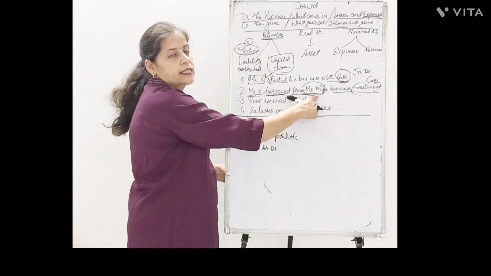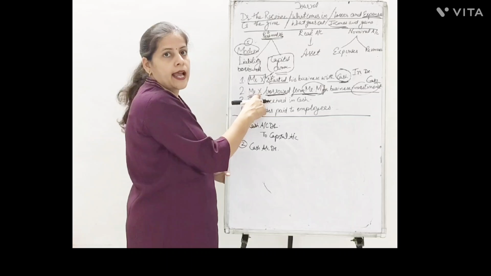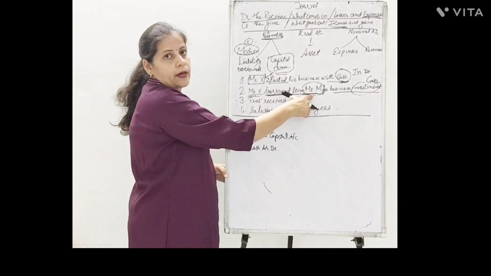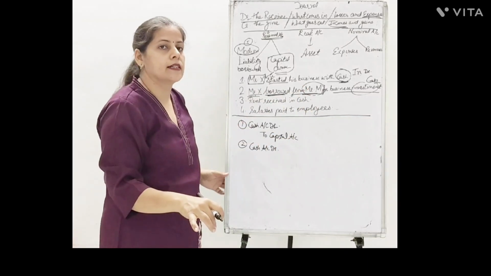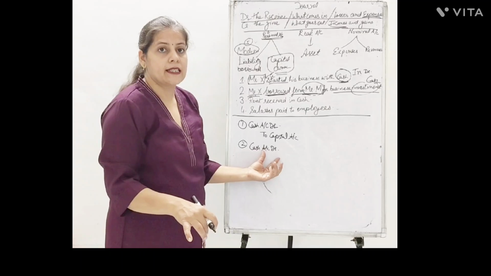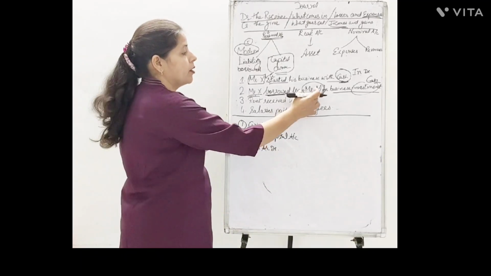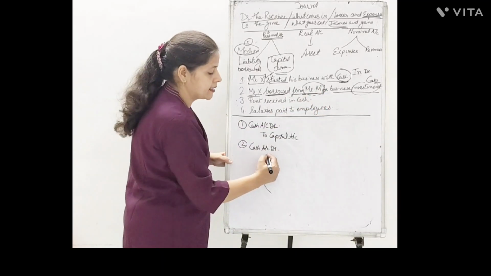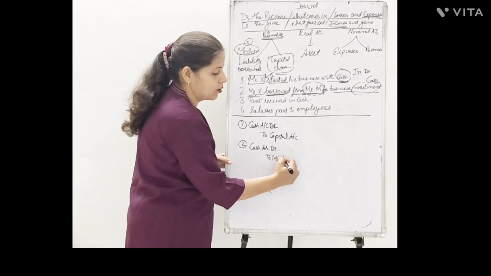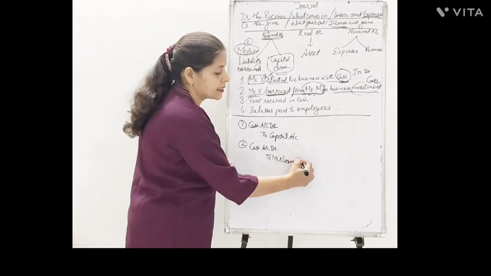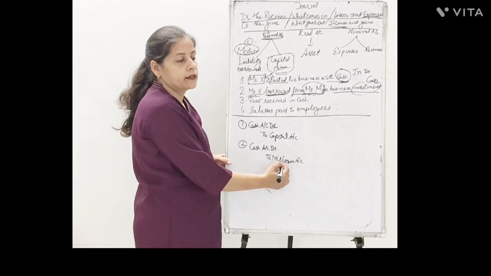Now here the giver is M, not X. X is borrowing money from M to bring into the business. In the business, money is coming from the borrowed fund, that is M's loan account here. M is lending money here.